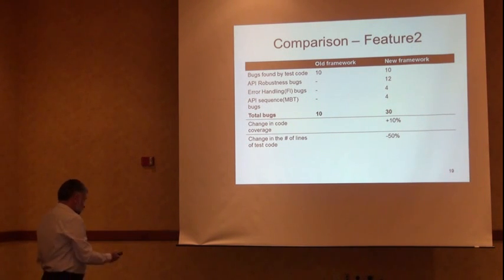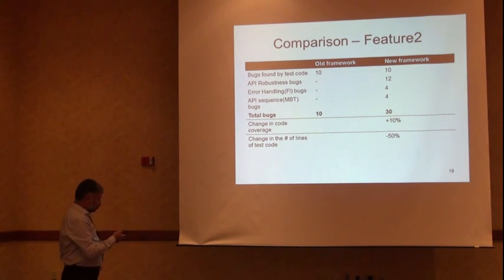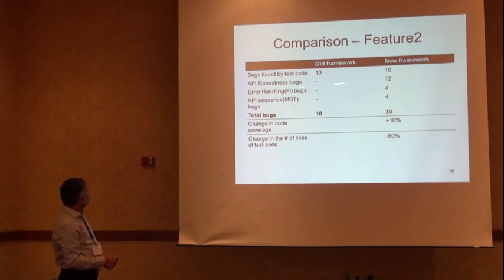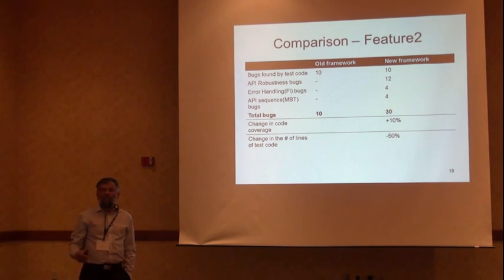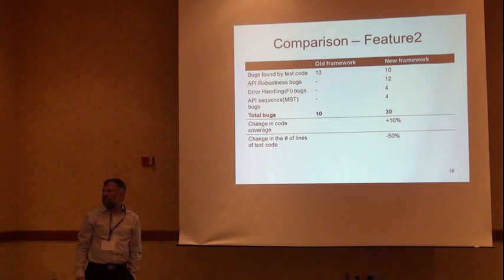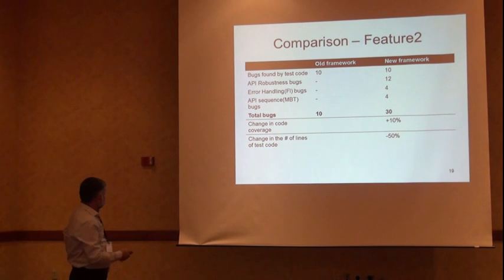This is the result for another feature. So, originally 10 bugs, but we have a lot of robustness failures. These are actually very simple errors. I mean, these are APIs that don't handle null values, don't handle strings properly, fairly common things, but still they need to be tested.